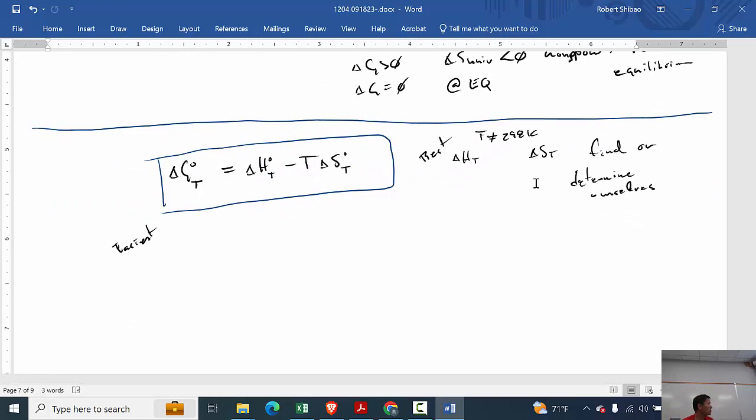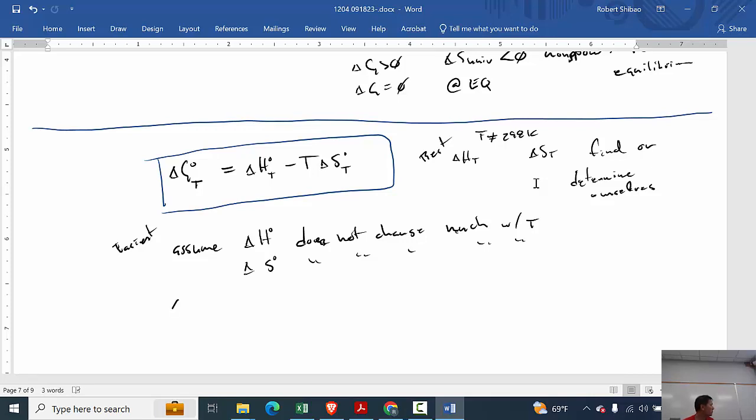If we aren't doing an extreme, let's say we're still in the same phase, the easiest is to assume delta H, which is a function of temperature, does not change much with T, and we assume that delta S does not change much with T. This is under standard conditions here.